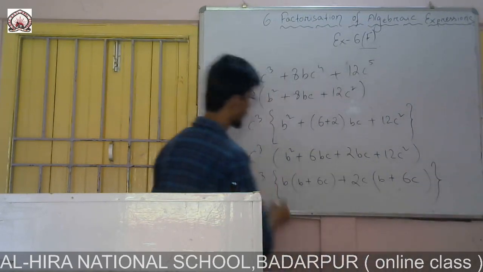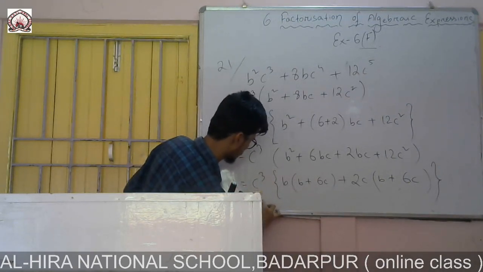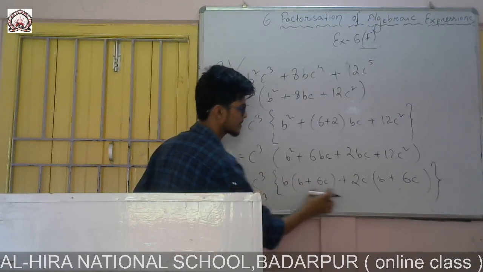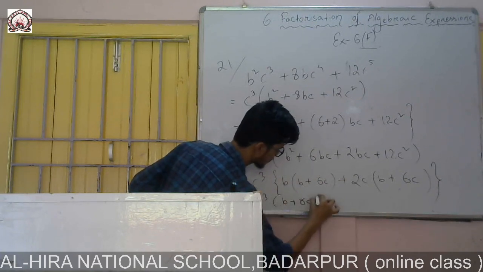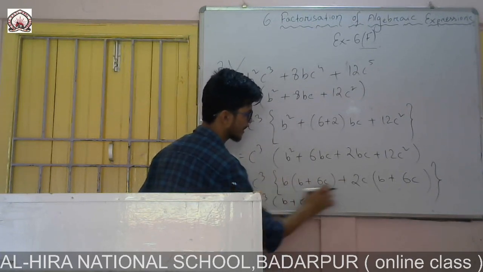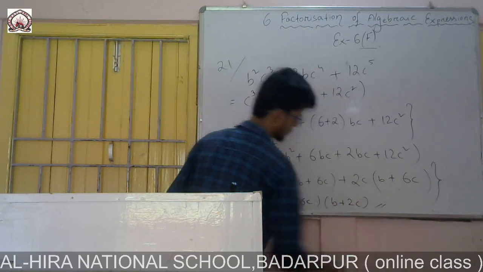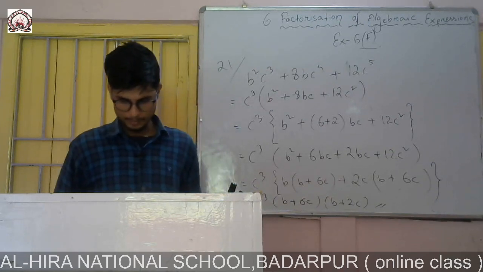So now, okay, let me write it here, c cube, and you see here they are b plus 6c, they are also b plus 6c. So I will write it first, b plus 6c, and they are b plus 2c. So this is the answer, c cube times b plus 6c times b plus 2c.